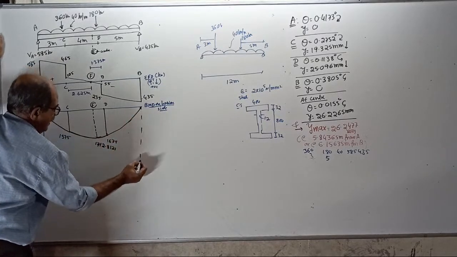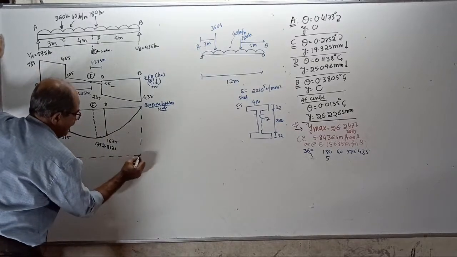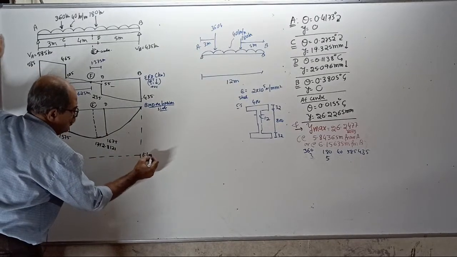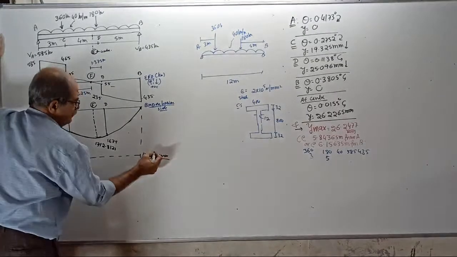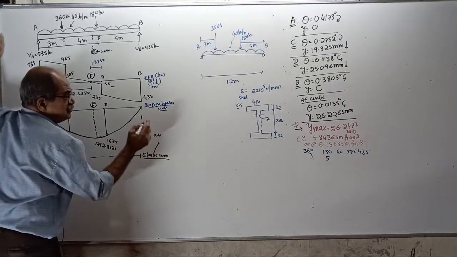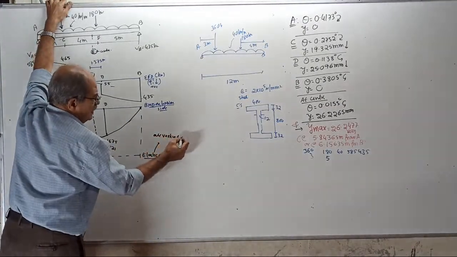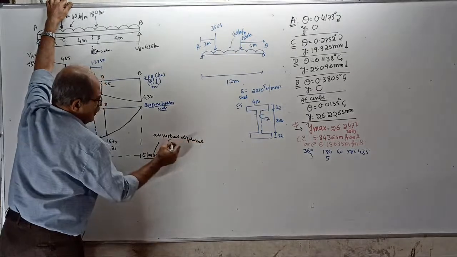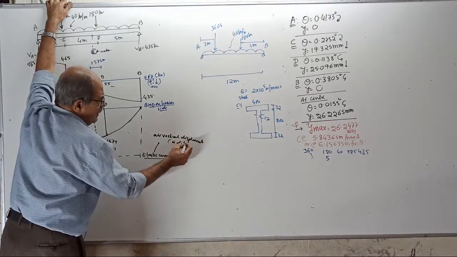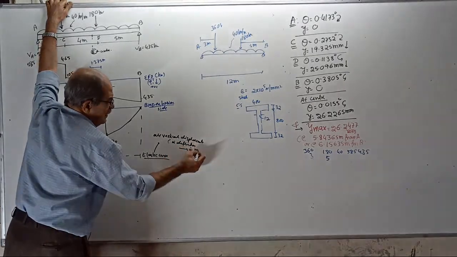Okay. Elastic curve, see. This is the original line, dotted line. This is the elastic curve. To save time, all vertical displacements, which are called deflection, are in millimeter.